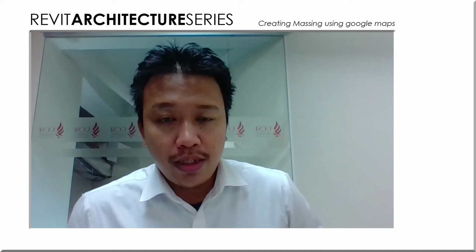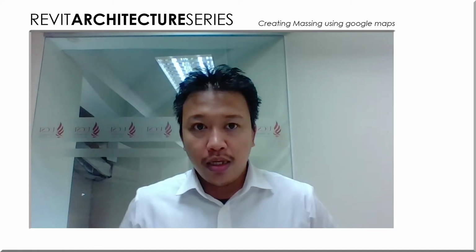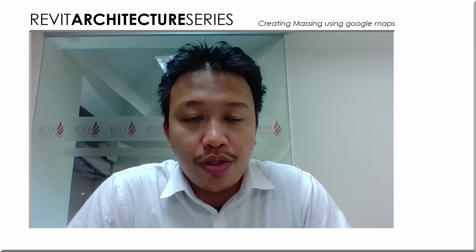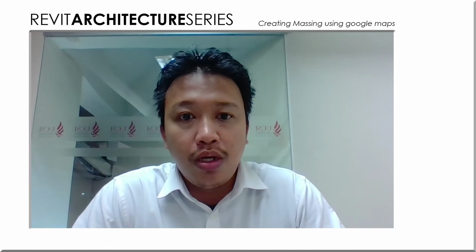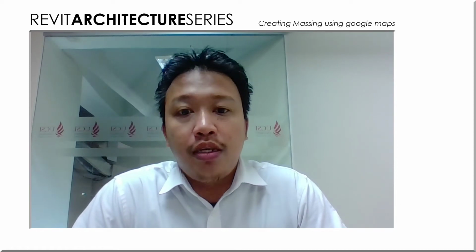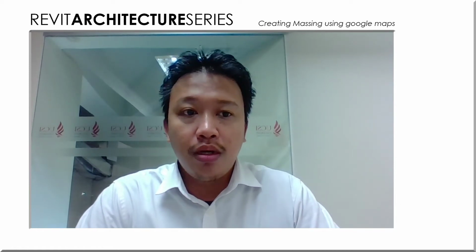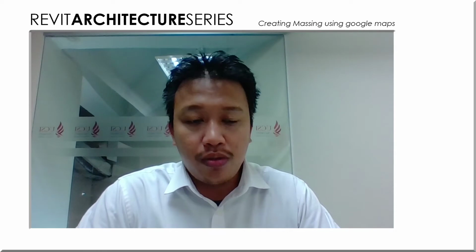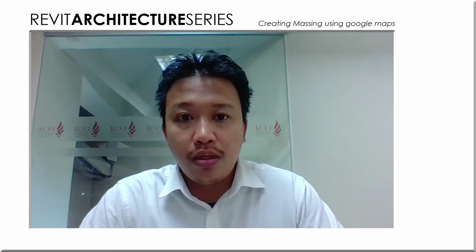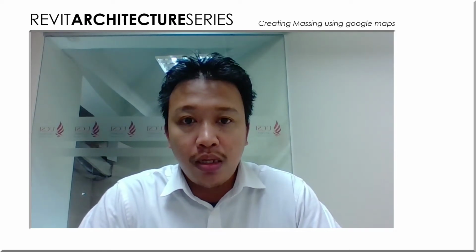Good morning, everyone. This introduction to Revit's architecture series is focusing more on how to effectively apply our Revit knowledge in the daily practice of architecture. When we talk about the context of our design, you must have the surrounding elements.